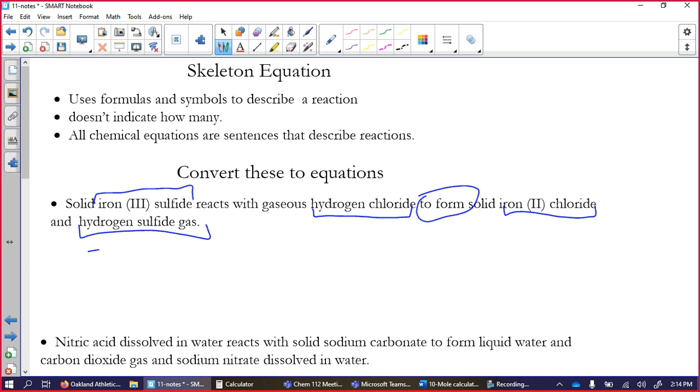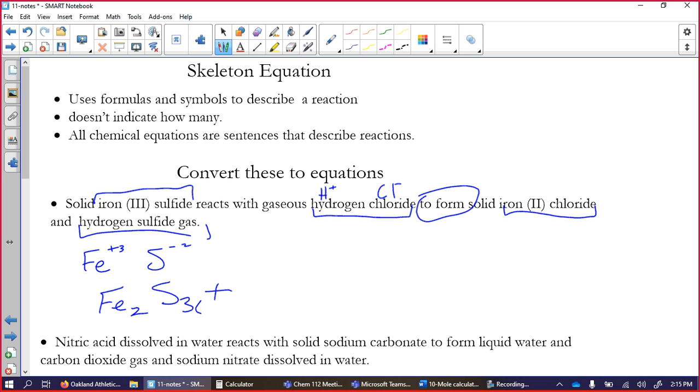So iron 3, that means I've got iron plus 3. Sulfide is minus 2. So I would write Fe2S3 reacts with plus gaseous hydrogen chloride. This is H plus 1, Cl minus 1.